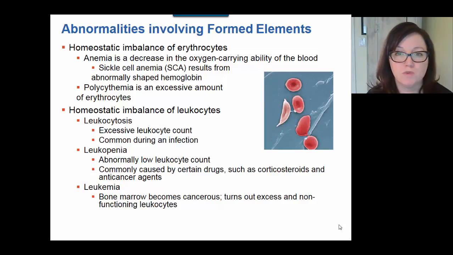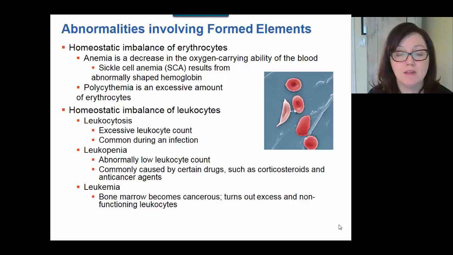The sickle shape is sort of like a crescent shape. The hemoglobin protein is not being made properly, and it causes the entire red blood cell to have the wrong shape. These sickled red blood cells don't flow nicely through the bloodstream, and they get clogged in tiny blood vessels. This is a very painful disorder, and it can be very damaging to the kidneys and blood vessel walls.